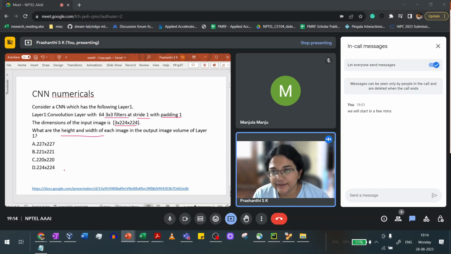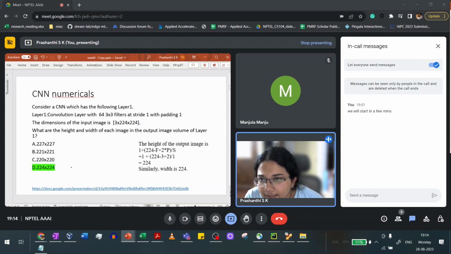Okay, let's take a look at the answer. The answer is 224 into 224, so it remains the same, the height and the width, but how that is more interesting, right? So here is the formula that will kind of tell you. If you had to calculate height, you would take height of the input image minus f, which is the size of the filter. Typically filters are square, so we consider one dimension and everything else remains the same.